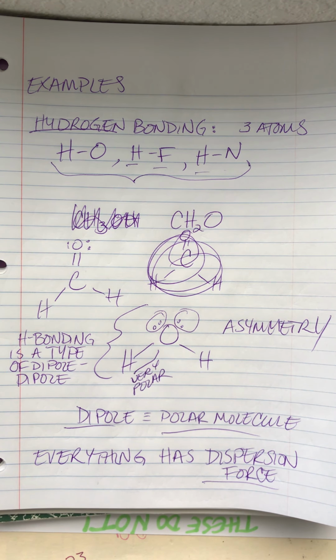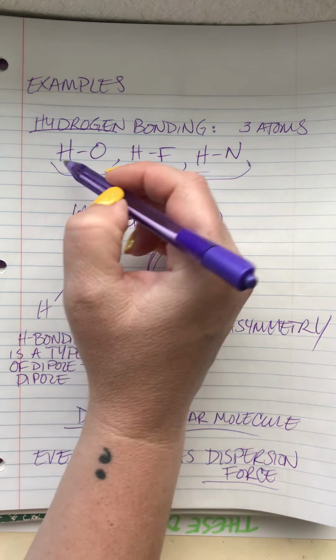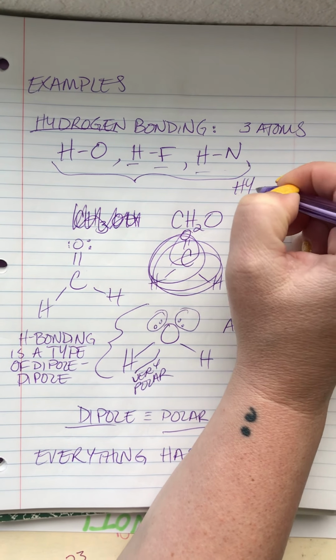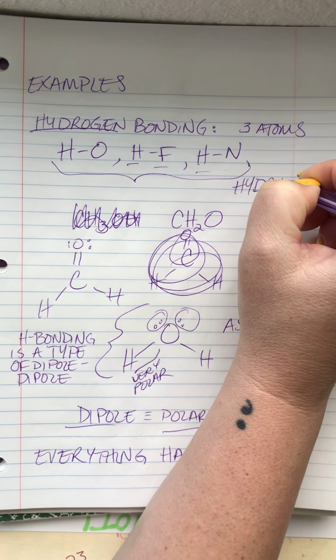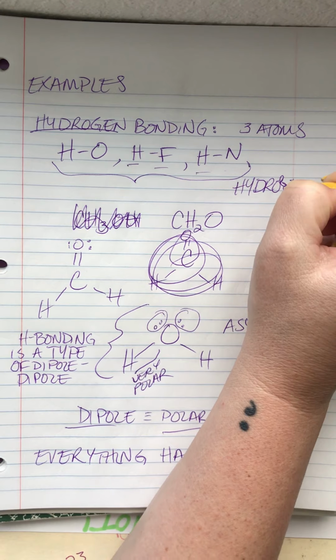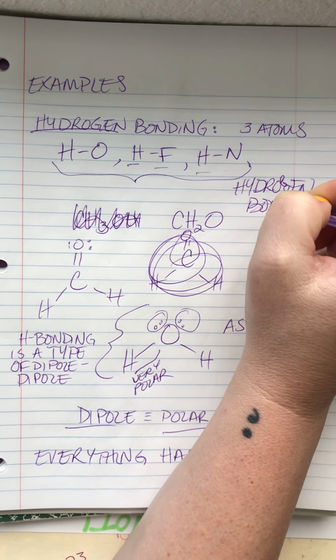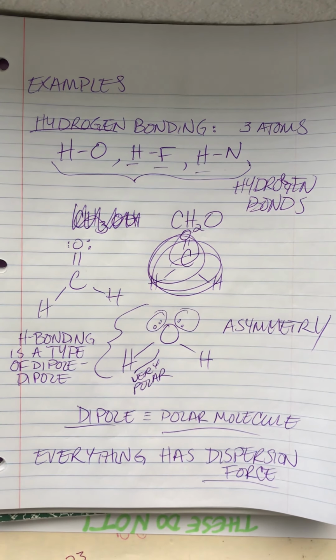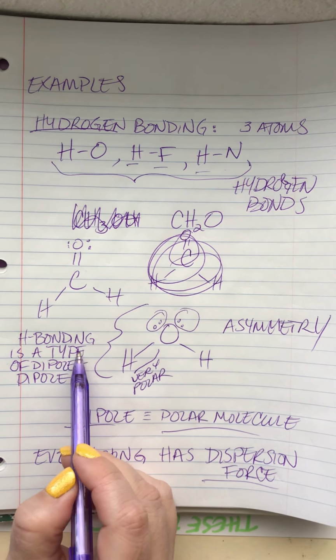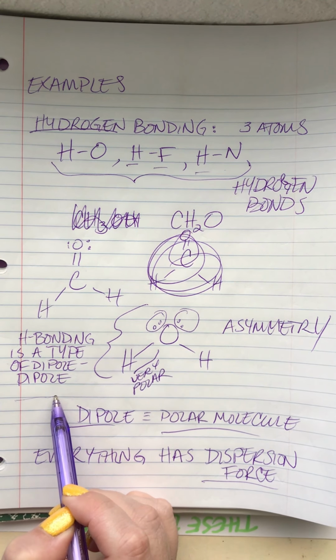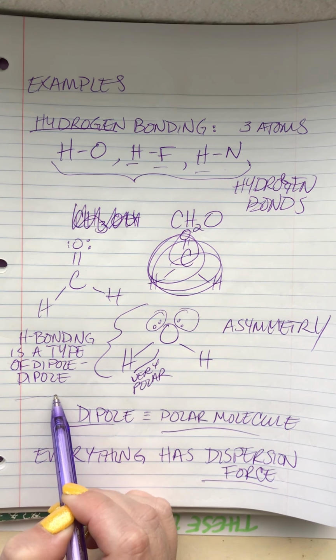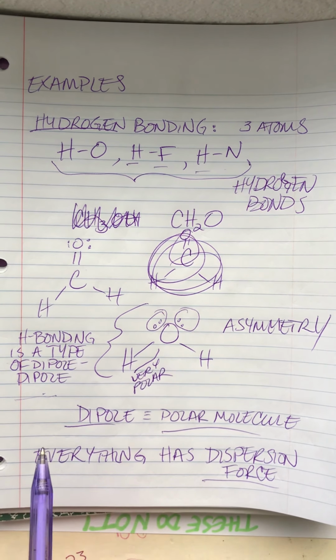For example, hydrogen bonded with chlorine, is that still a hydrogen bond? No. Only these three atoms can form hydrogen bonds. So all hydrogen bonds are dipole-dipoles, but not all dipole-dipoles are hydrogen bonds.